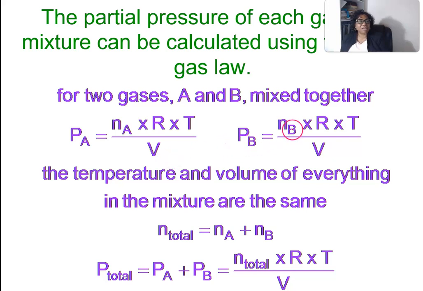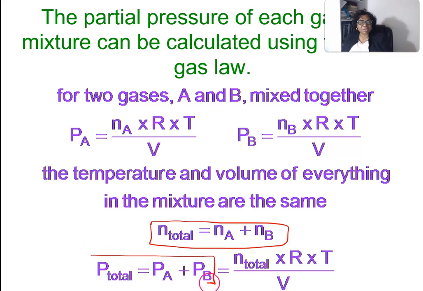And PB is Nb times R times T all over V. So the only thing that is different is the number of moles of the different gases in the mixture. The temperature and volume are the same. So N total equals Na plus Nb, which results in P total being Pa plus Pb. And this is equal to N total times R times T all over V.